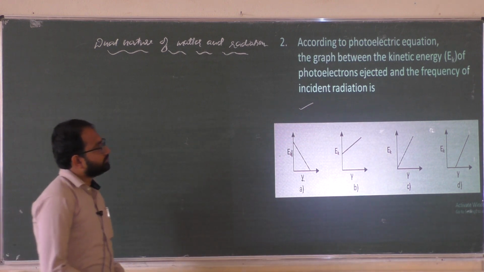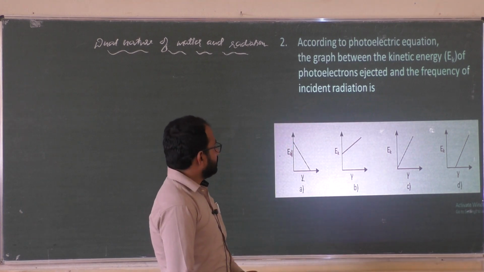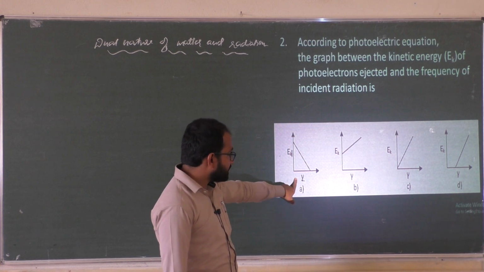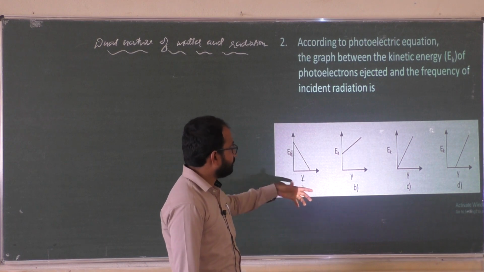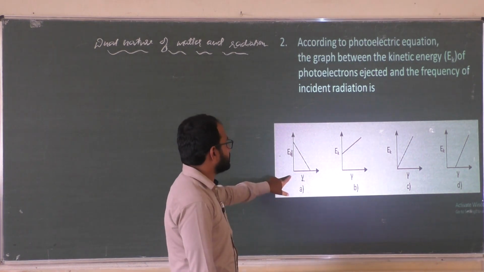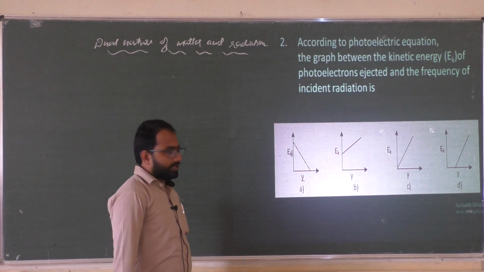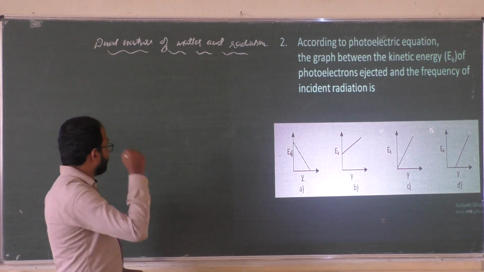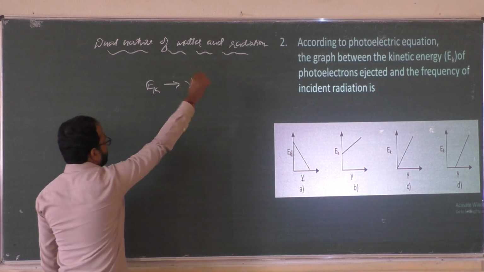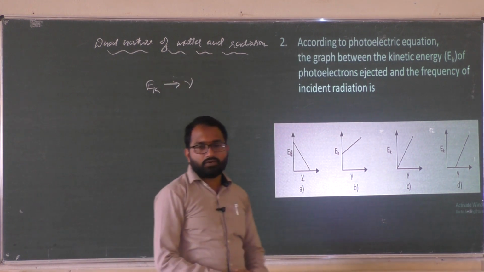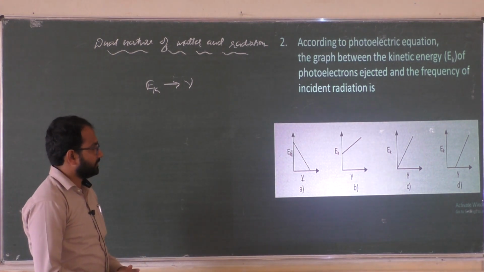Okay, see these four graphs. In the first graph, as soon as the frequency of incident photons is increased, the kinetic energy of emitted photoelectrons goes on decreasing. Okay, which is not possible, because the kinetic energy of emitted photoelectrons depends on the frequency of incident photons, right?